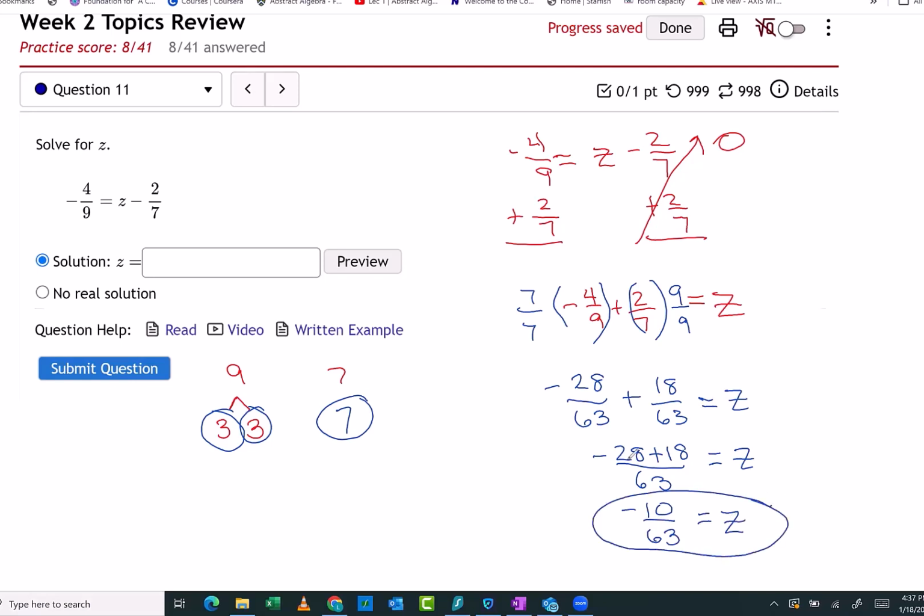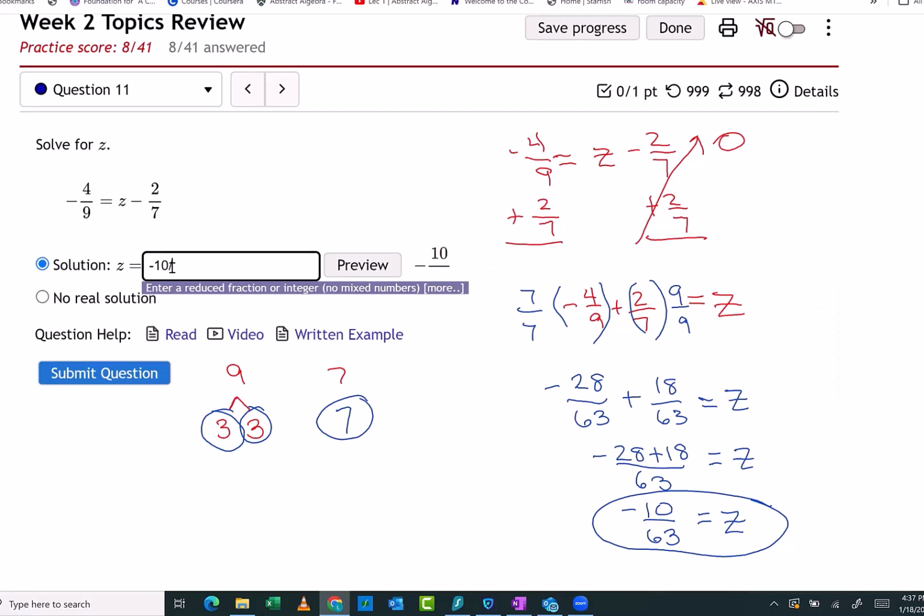And I know that I cannot simplify that because 63 is not divisible by 2 or 5, and that's all that 10 is divisible by. That means my answer should be negative 10 divided by 63.